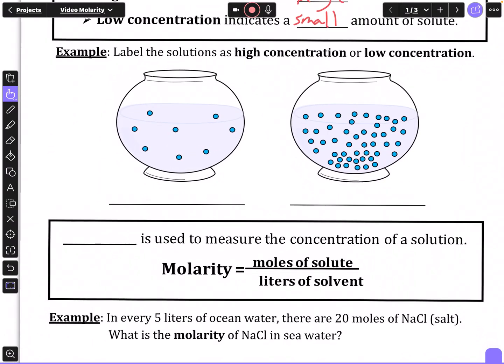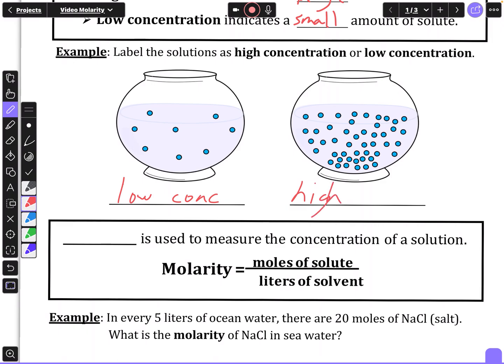If you notice this first one has the solute, the solid particles, in there, so this would be the low concentration. And then the other one, since it has more solute particles, it would be more concentrated, so it would have a high concentration.